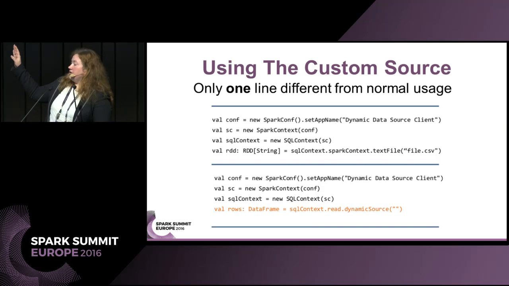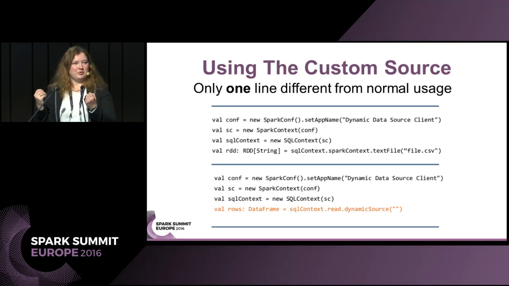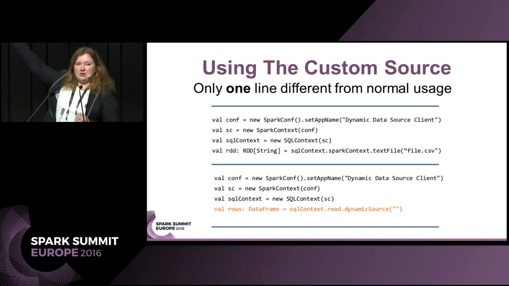Here you see two variants of how it would look in your program. The first is without dynamic Spark libraries, the second is with. The only thing that changed is the last line: you don't make an RDD from a text file, you make a data frame from the dynamic source. And inside the quotes, you write the name of the data source that you want to use.